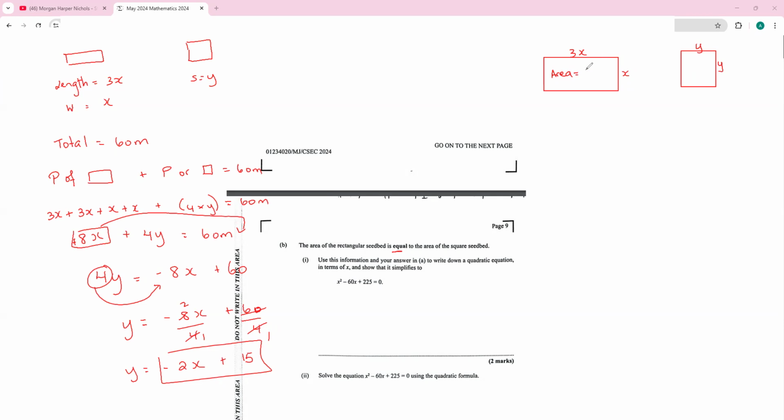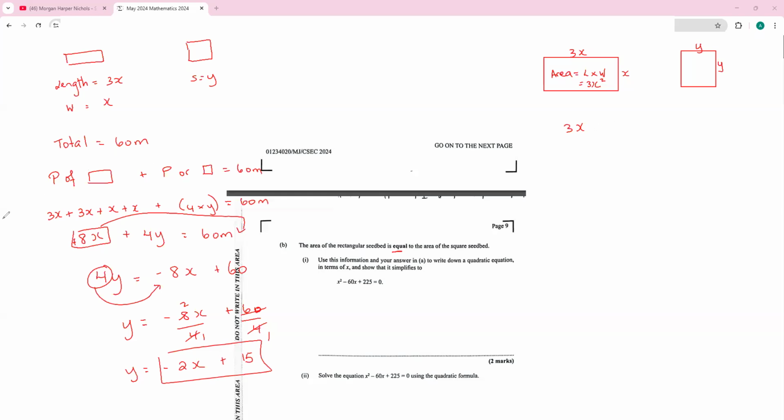So area is length by breadth or length by width. So that will be 3x times x, which will be 3x squared. Right? Because anytime you have letters multiplying and they are the same, x by x becomes x squared.